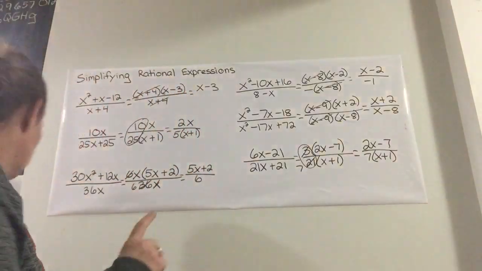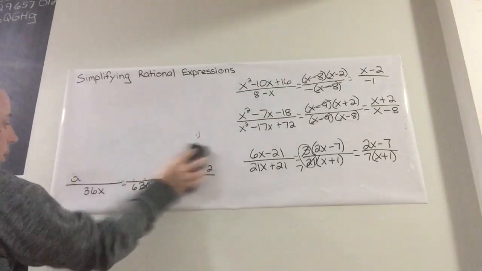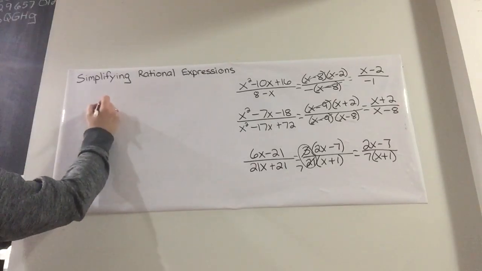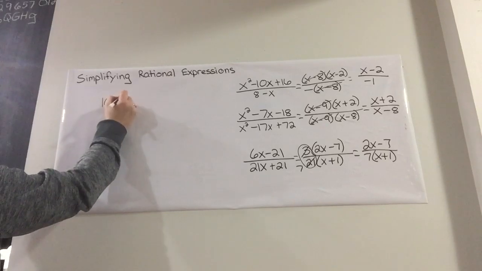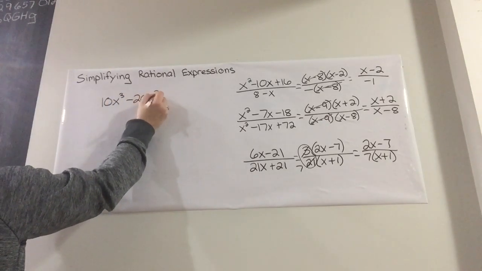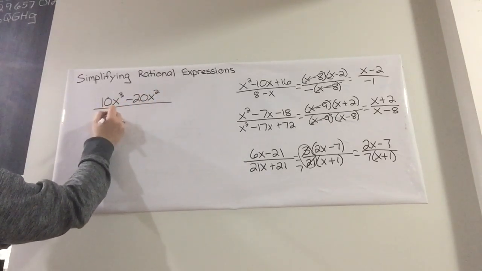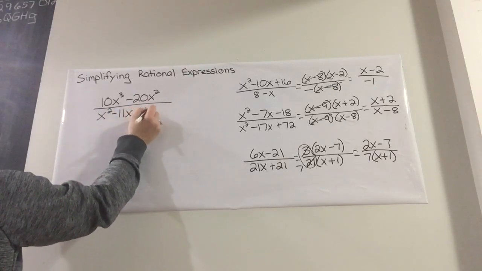Now there's one more I want to do. I'll do it over here. So we've got 10x cubed minus 20x squared over x squared minus 11x plus 18.